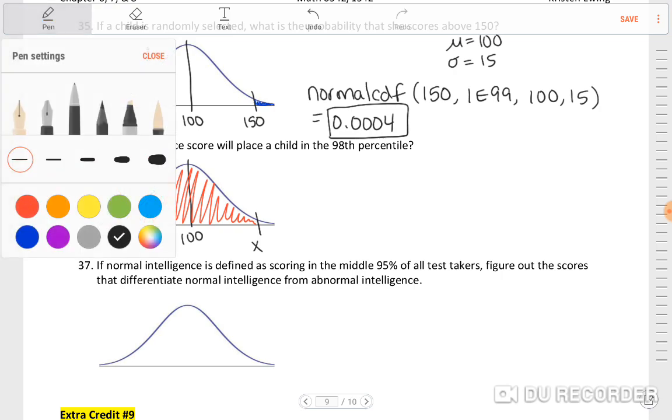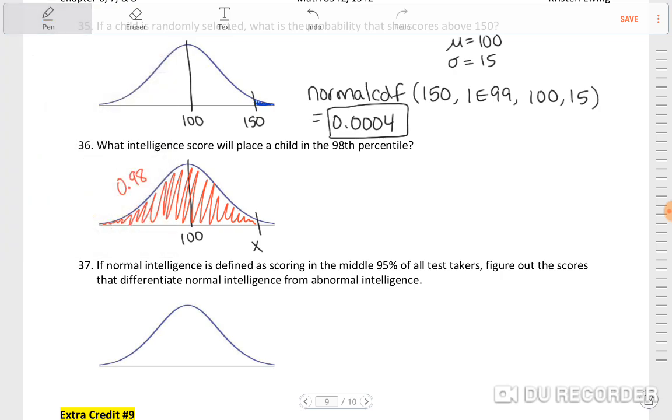Okay, so this time we're given a percentage, or a percentile. This means we're given the area. So we are going to use inverse norm. And my area to the left, remember, is 0.98, so that's handy. And then my mean is 100, my standard deviation 15.